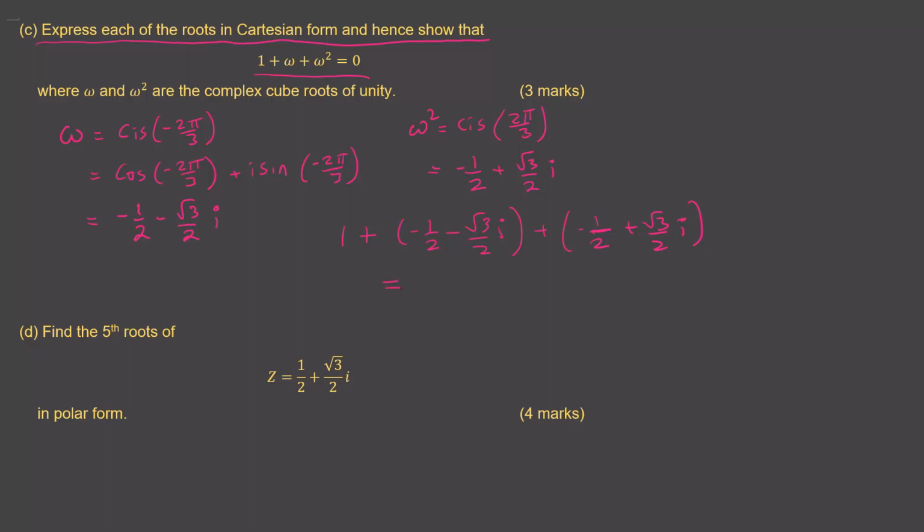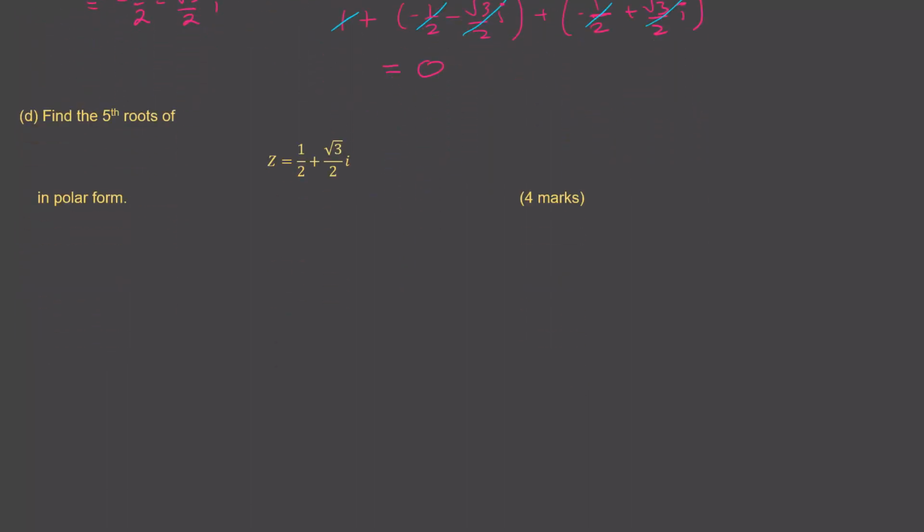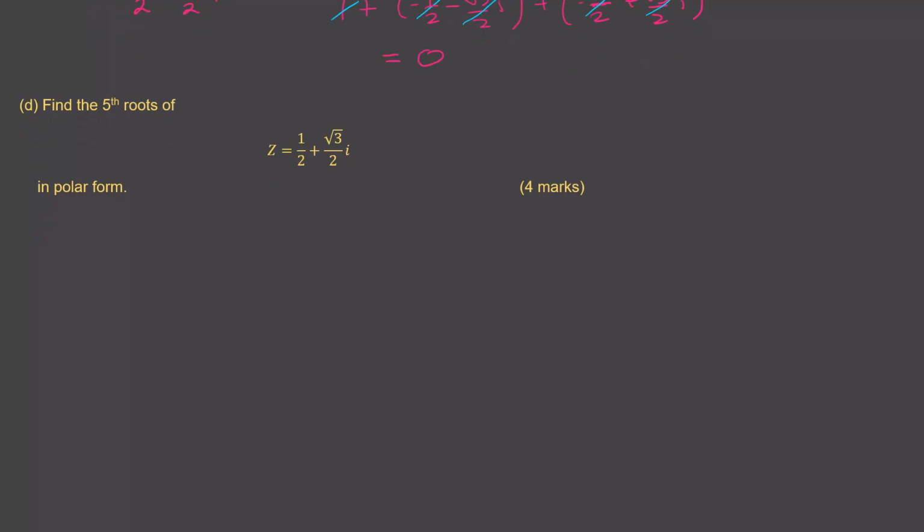And we can see there's going to be some cancelling here. The 1 will cancel with the negative half and negative half, and these will cancel, and therefore it's equal to 0 as required.